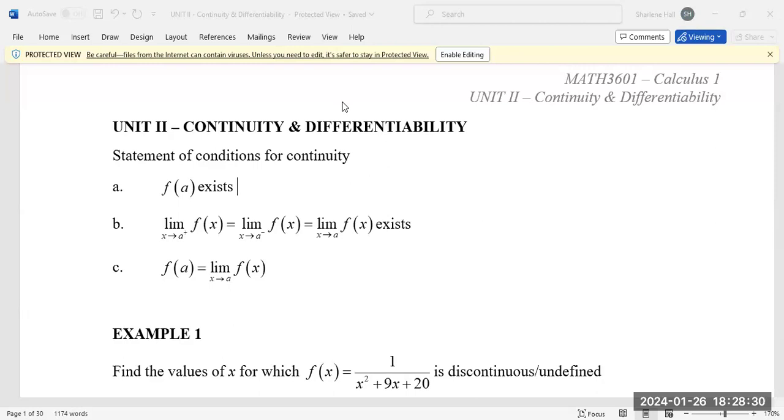And then, if f of a exists, then I'm able to find the limit as x tends to a to the right of the function f of x. And it should be equal to the limit as x tends to a to the left of f of x. And then I'm going to say that the limit as x tends to a of f of x exists.